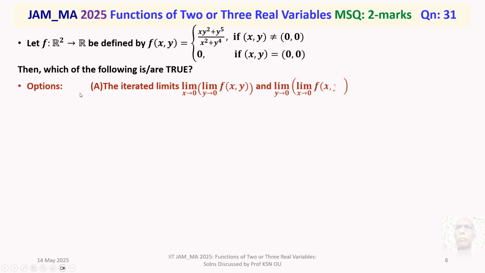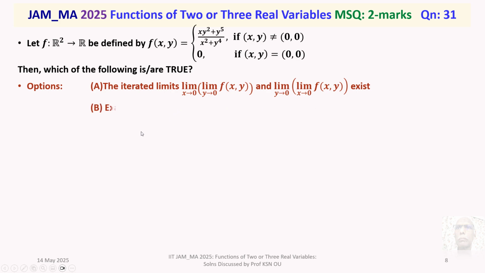We have 4 options. Option A says the iterated limits exist: limit x tends to 0 first, then limit y tends to 0, that is one iterated limit. The second one is limit y tends to 0, then limit x tends to 0. Do they exist?